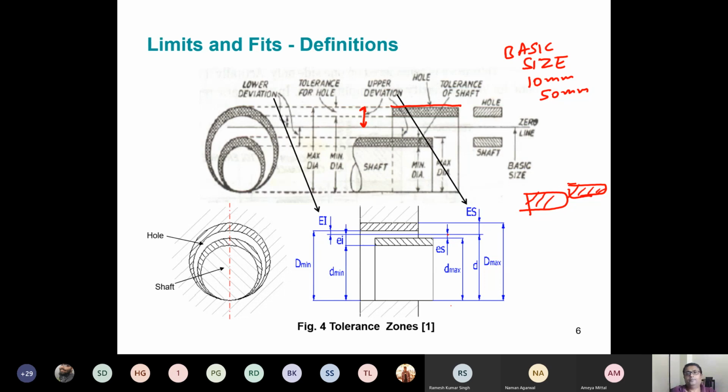Can somebody tell me what I have drawn? This is my hole and this is my shaft. And then take another case where this is the hole, this is the shaft.